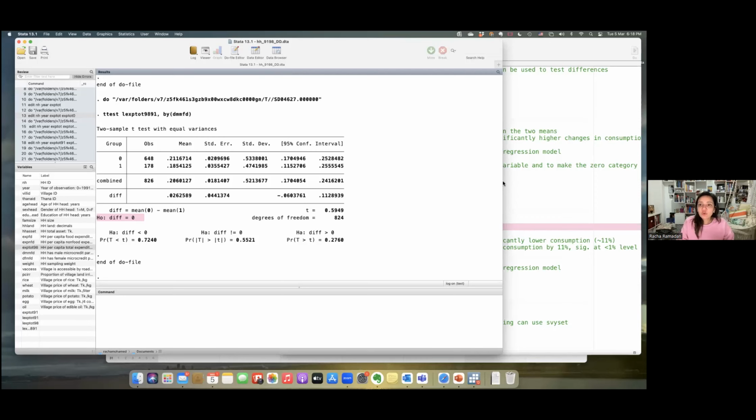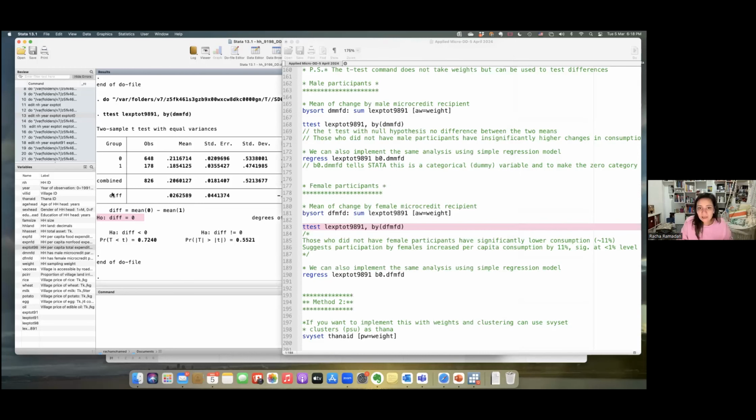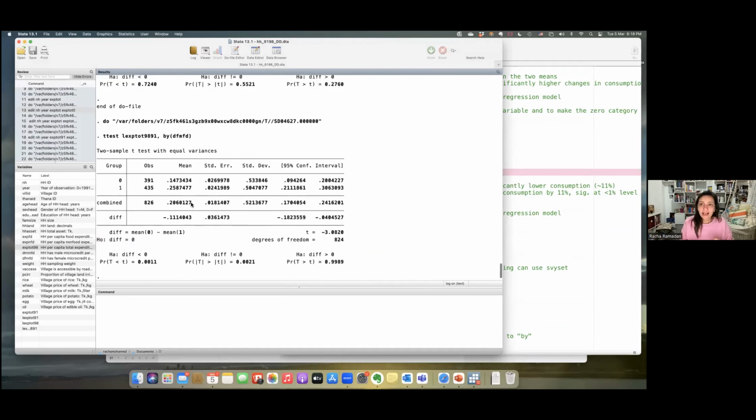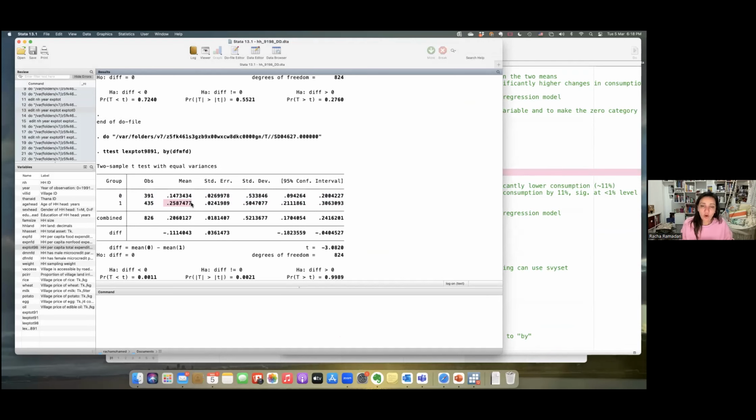Let me show you what is the situation with female microcredit and make it clear. So here I will do the same exercise, and here you can see just simply from the mean of the two groups that the change in the total expenditure per capita of the households who have the female microcredit program is 0.25, or 25%, while the change in the total expenditure per capita over the years of the households who had no female microcredit is 0.14, or 14%.